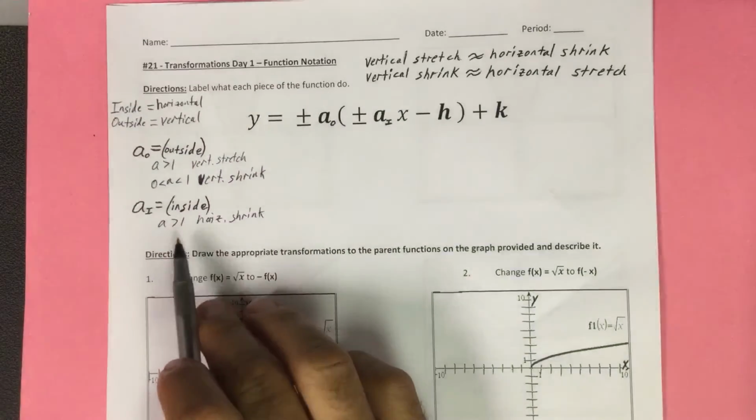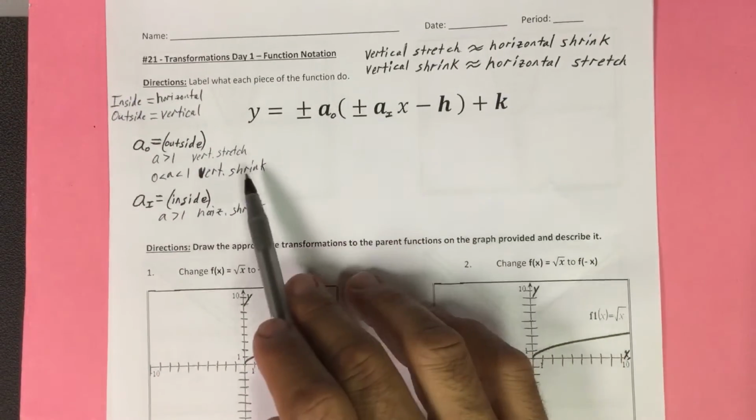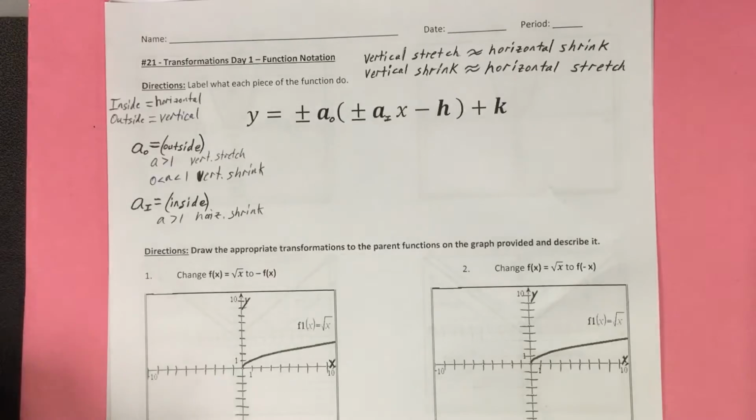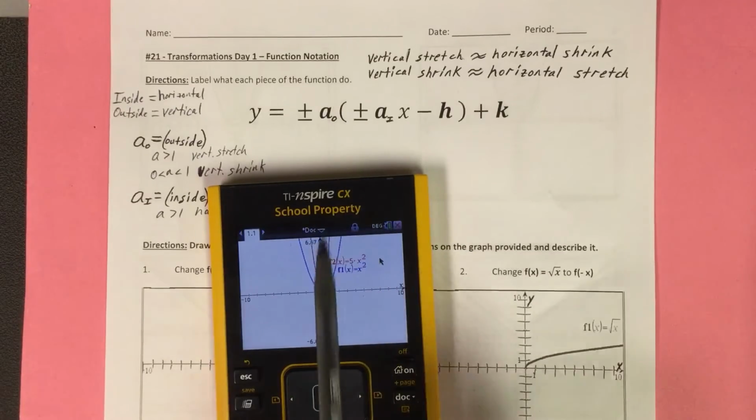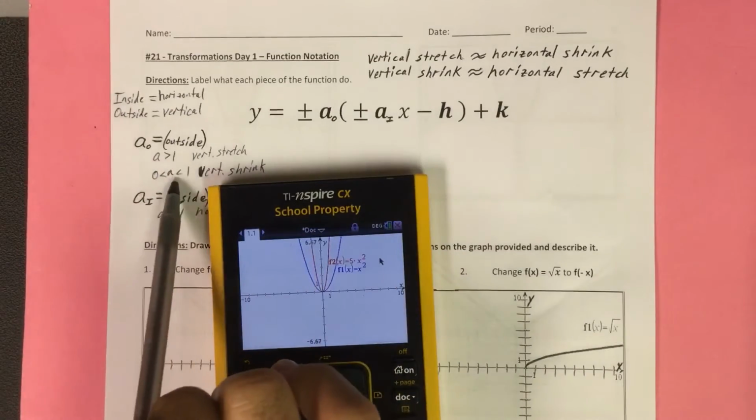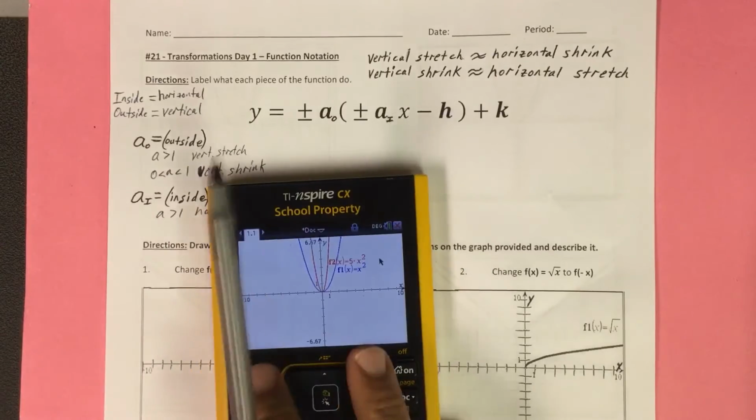Right? Pick a number like 5, like the one we did here. If we multiplied 5 on the outside, it will get tall and skinny, but when we're looking at it vertically, that's a vertical stretch.